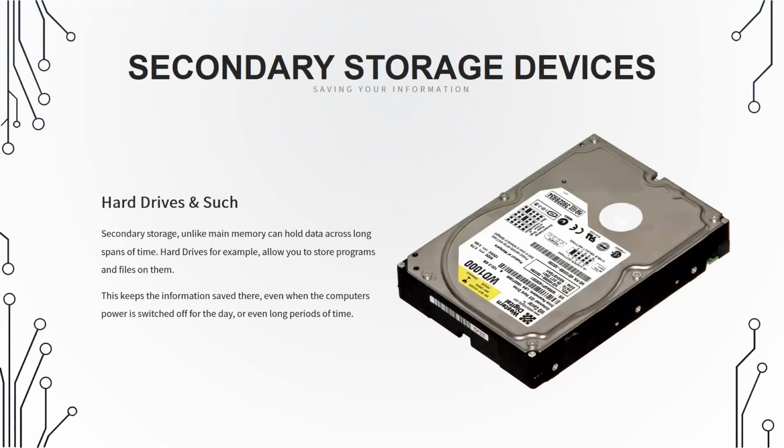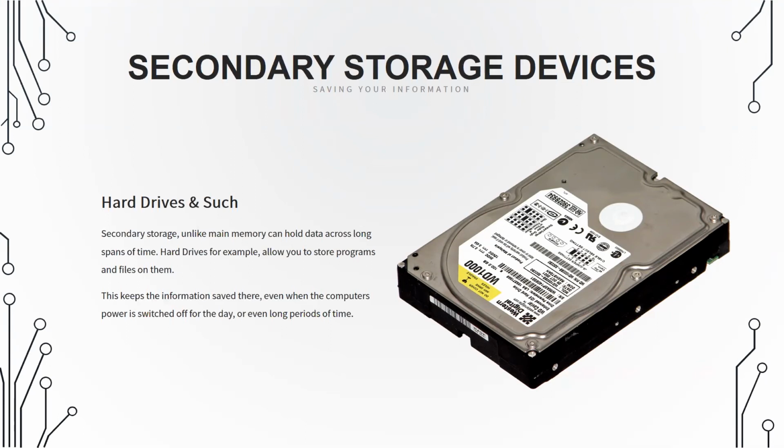The next piece of this component puzzle is the secondary storage devices, which, unlike memory, have the ability to hold and store data across long spans of time, even if you happen to cut off the power from your computer. A great example of a secondary storage device is a hard drive.